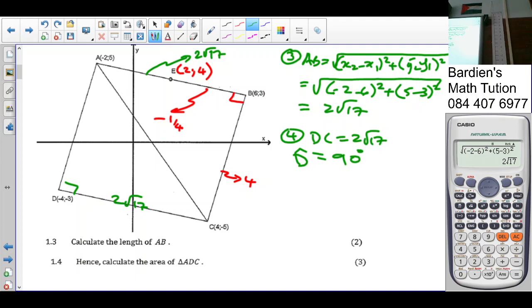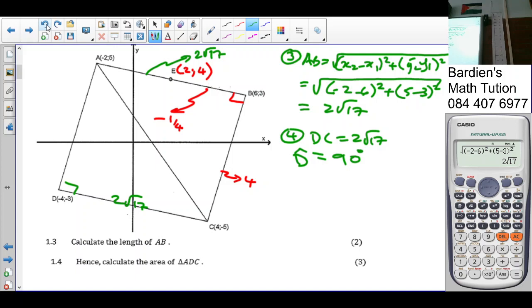For the area of a triangle, what do I need? Half base, which is DC, which I have, times perpendicular height relative to the base, which is AD. Do I have AD? Can I calculate AD? Yes.